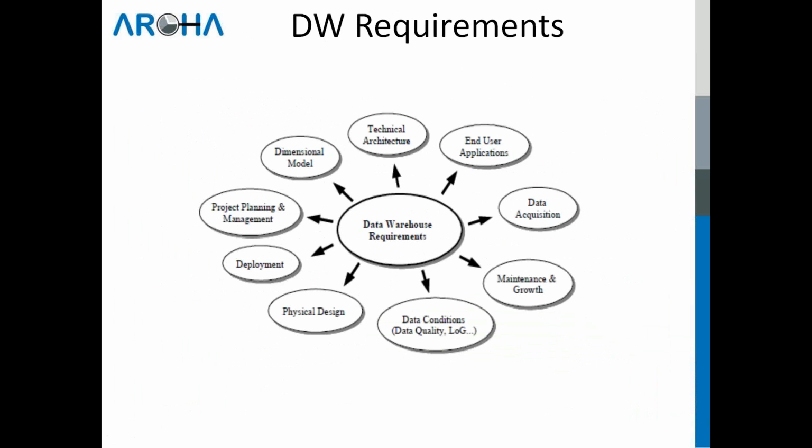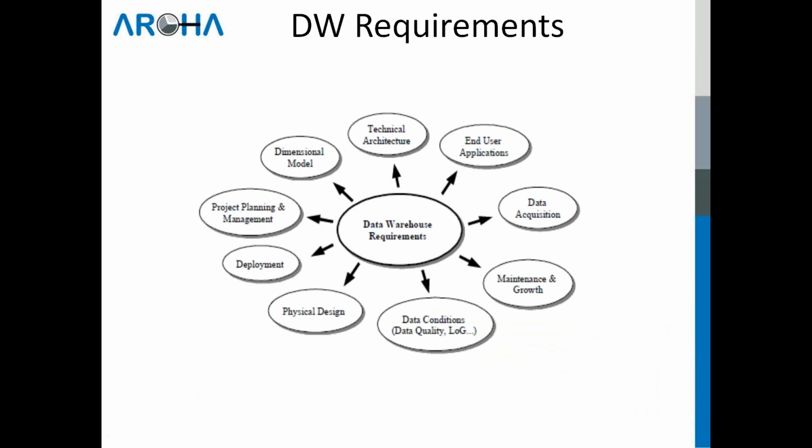When you think about data warehousing requirements, the nature of the beast is so complex. As the company gets bigger, there are so many stakeholders you have to deal with and so many data points you have to collect. So there are multiple ways you look at your requirements.